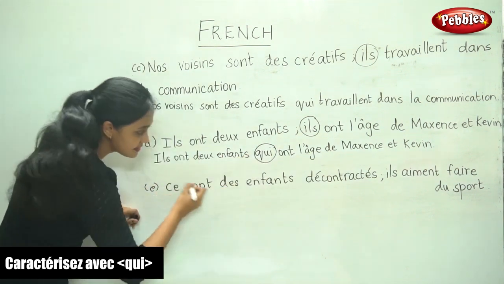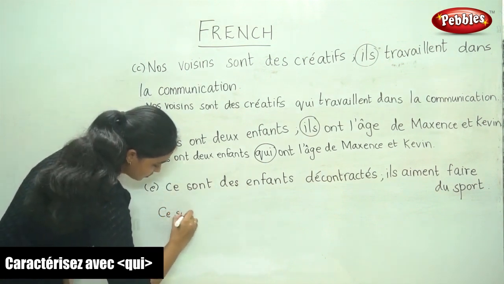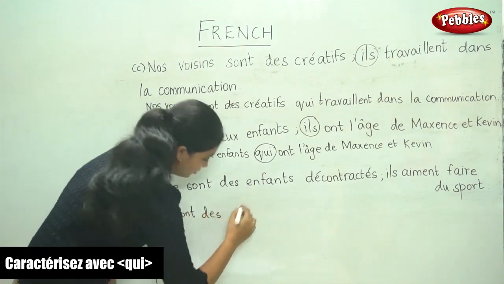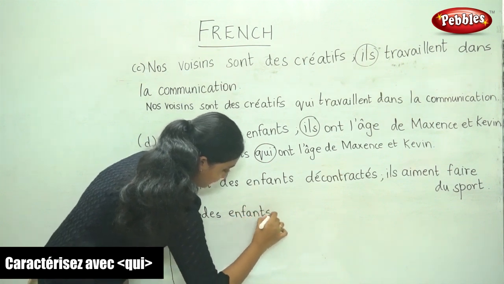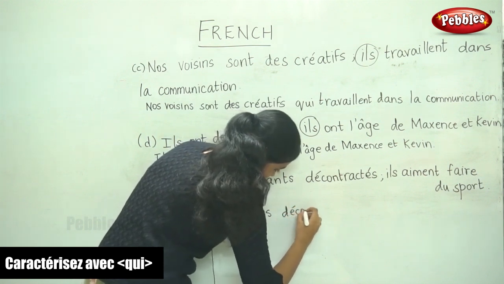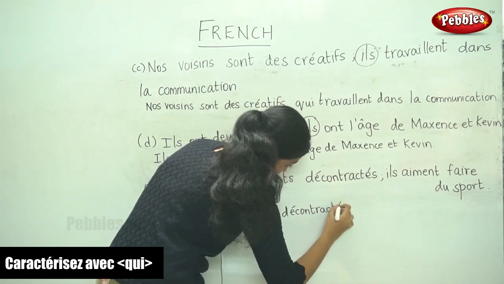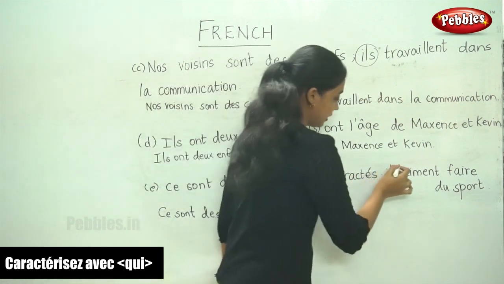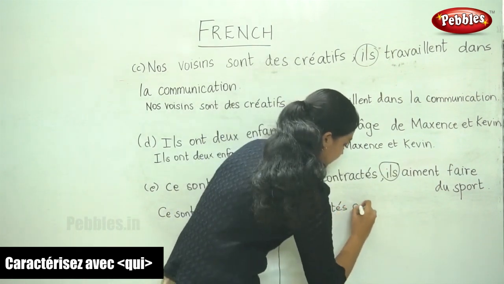Now the next sentence. So the first half of the sentence is written as such. Ce sont des enfants décontractés, and the subject is replaced with qui.